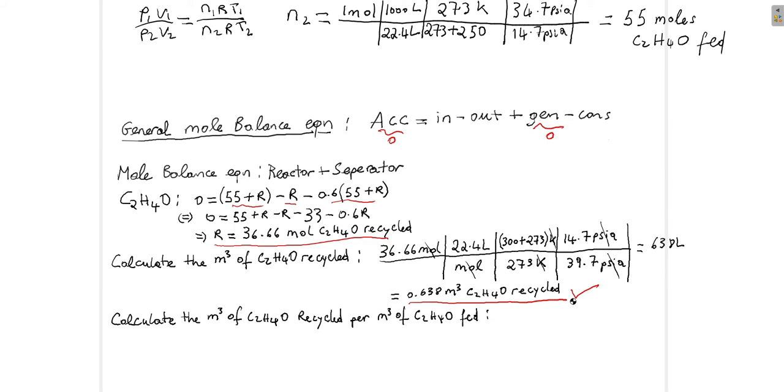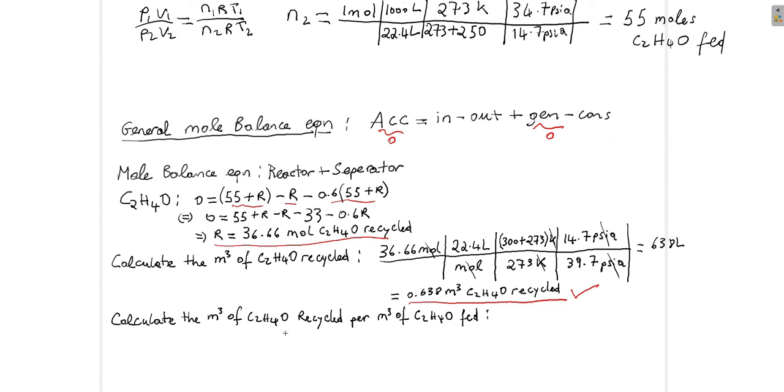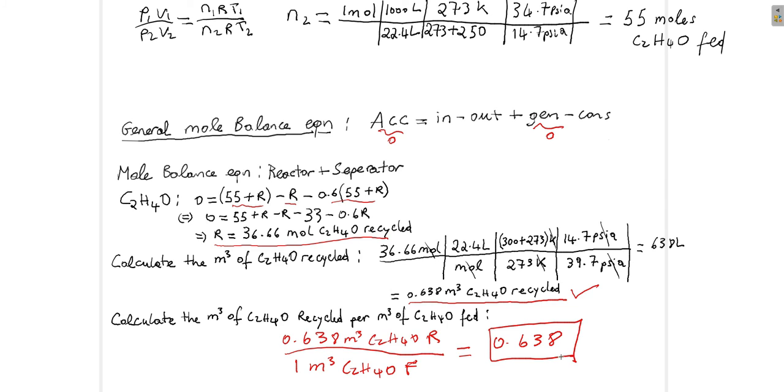We assumed our basis to be 1 cubic meter of C2H4O fed. Therefore, all we have to do is 0.638 cubic meters of C2H4O recycled over 1 cubic meter of C2H4O fed, which is equal to 0.638. And that's our final answer.